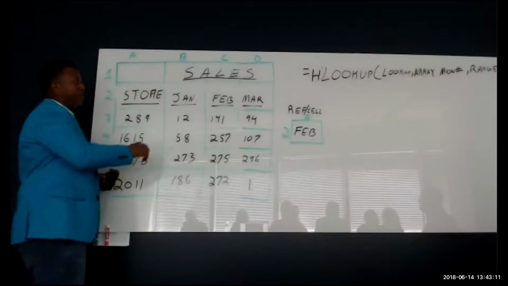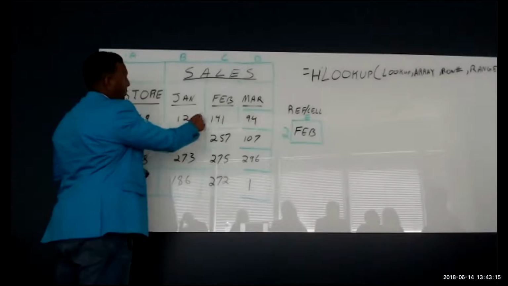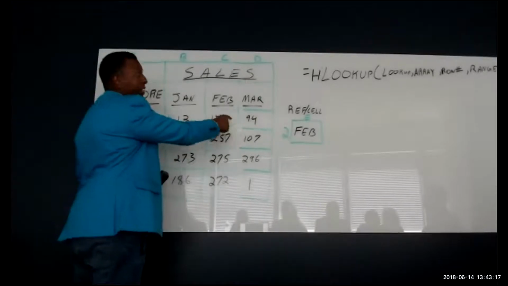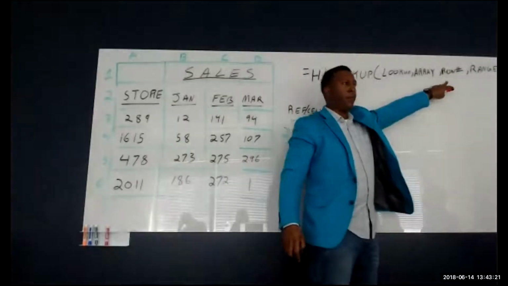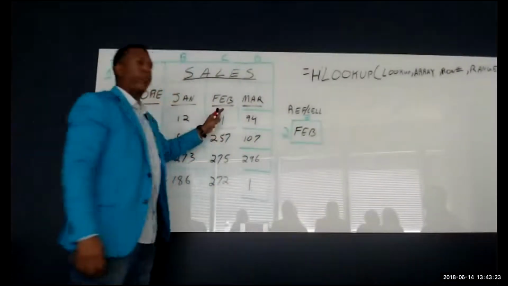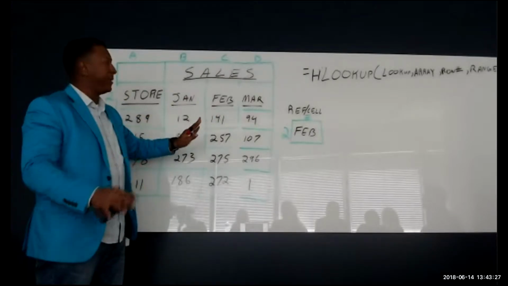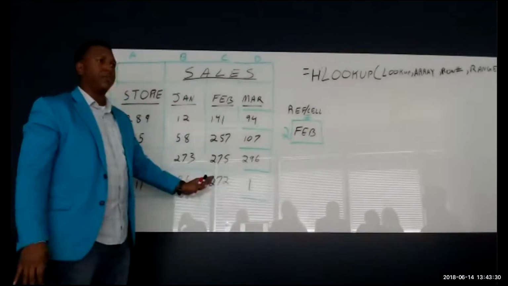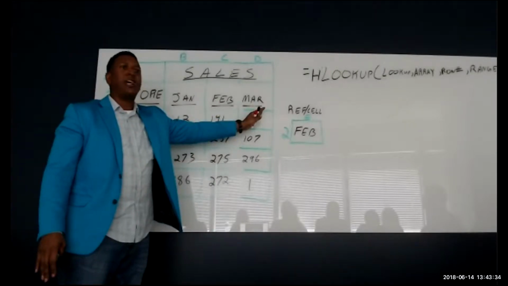Well, if you told Excel to return 1, 2, 3 columns, you had a hard-coded 3 in your column number, right? Which is going to return your February. But for some reason, whatever the reason may be, you inserted a column. And now February is column D. It will not move with it, okay?